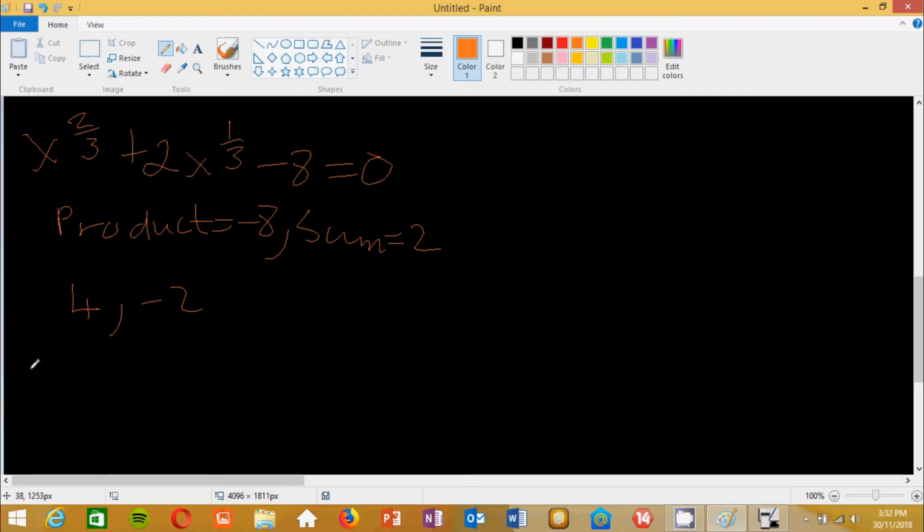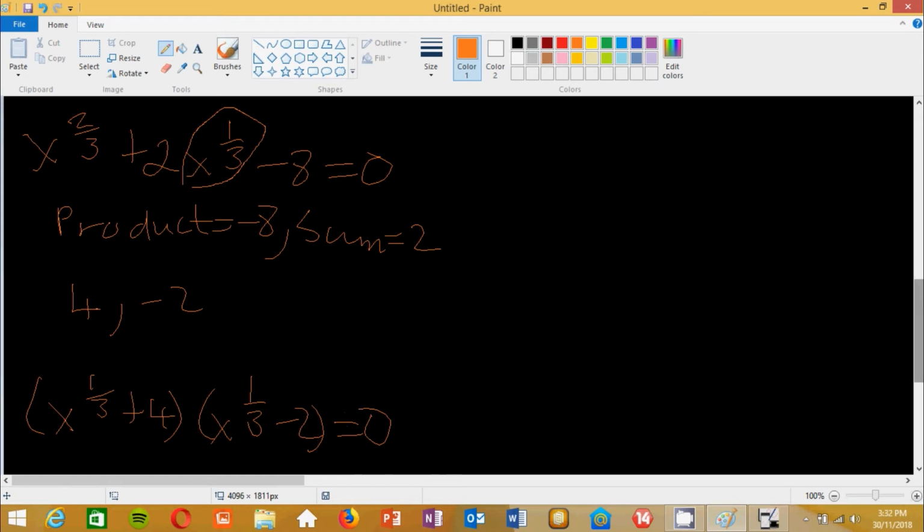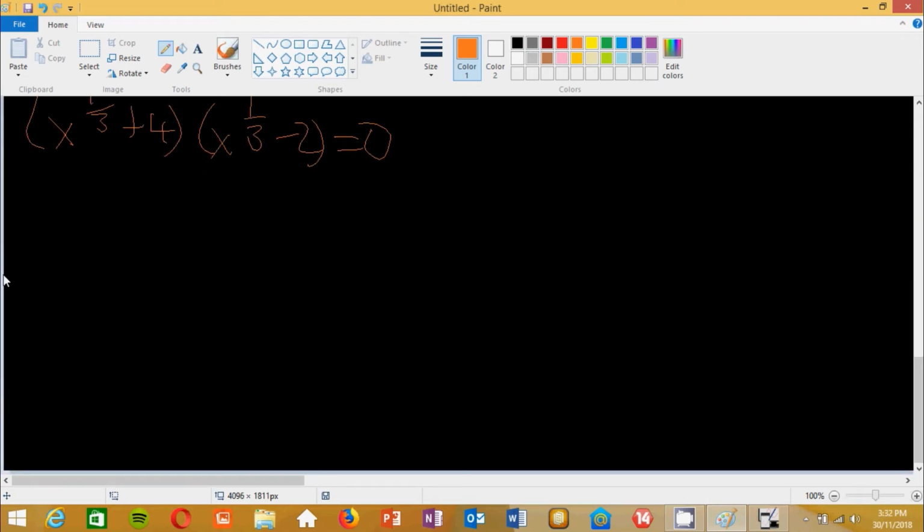So when I factorize this, because this is a quadratic in x to the power 1 over 3, I would come here and say x to the power 1 over 3 plus 4, x to the power 1 over 3 minus 2 is equal to 0. And from there, it's quite simple, because then I would just say x to the power 1 over 3 is equal to negative 4, and x to the power 1 over 3 is equal to 2.